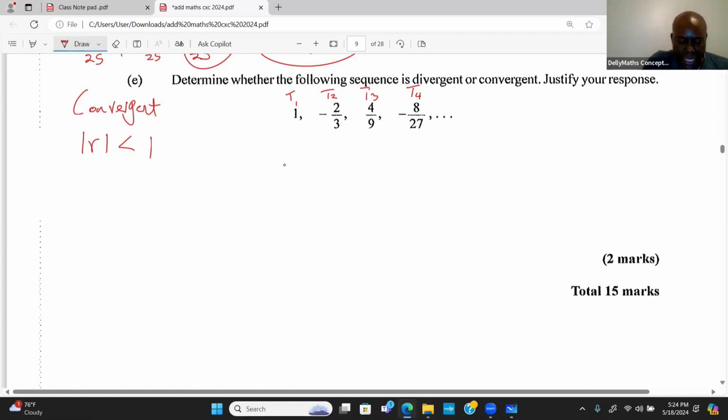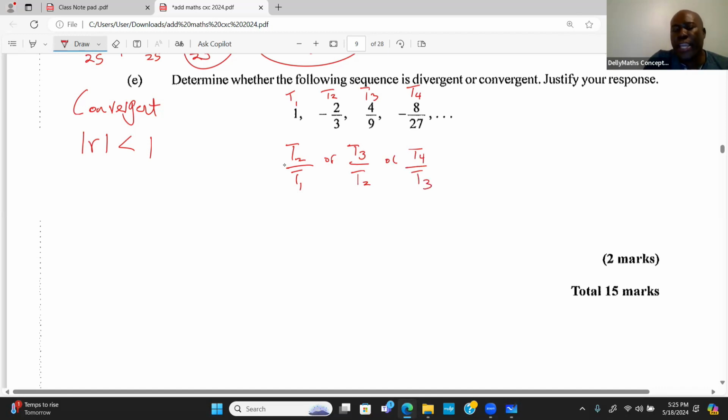We could try any of these. We could say term 2 divided by term 1, or term 3 by term 2, or term 4 by term 3.